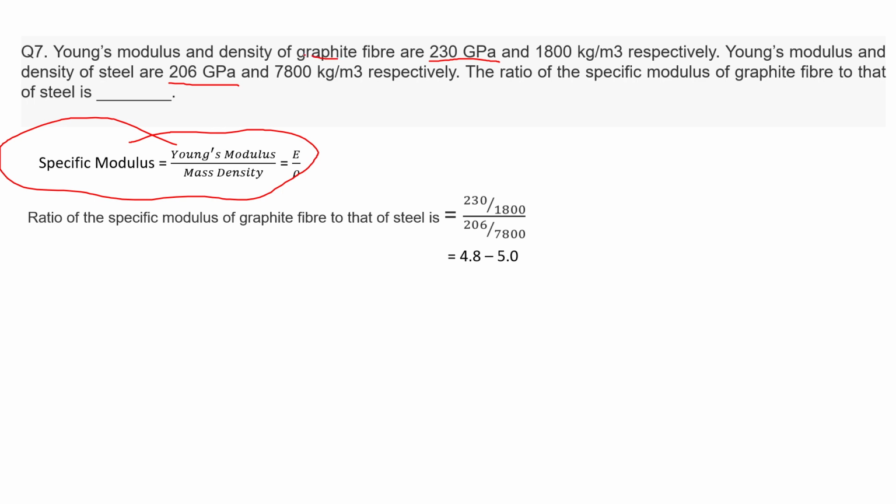But the density is so much different for both these cases. So the specific modulus of the graphite fiber will be 230 by 1800, and for steel, 206 by 7800, and we have to find the ratio of the specific modulus of graphite fiber to that of steel. When we find the ratio of these two, the answer will come between 4.8 to 5.